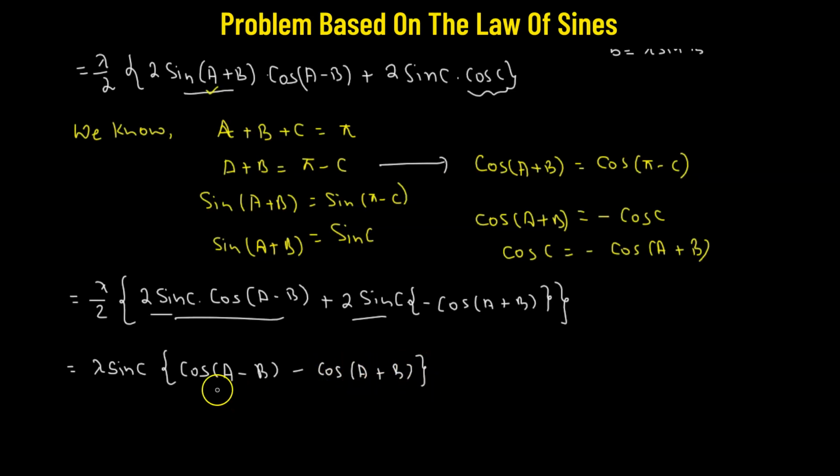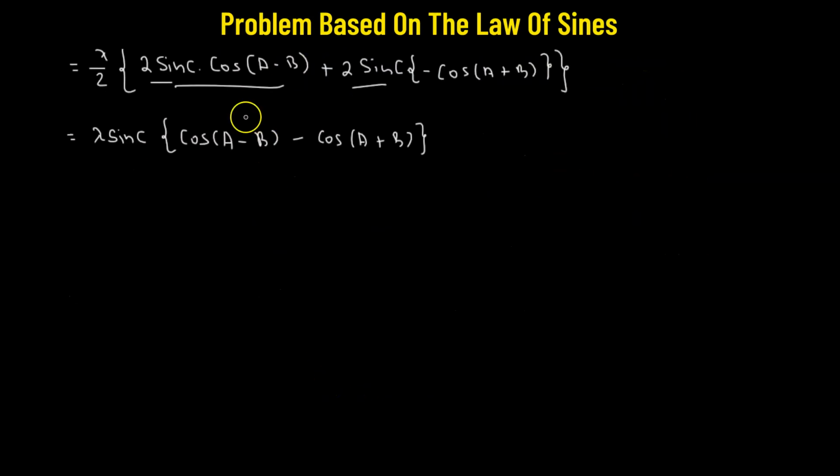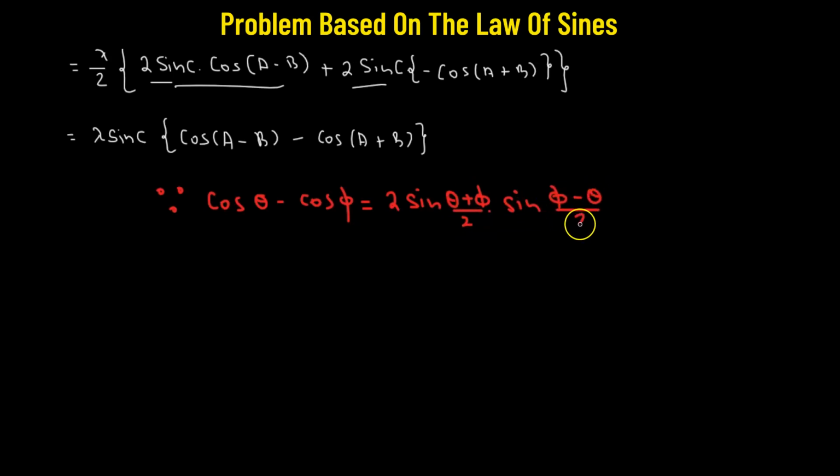Now what we'll have to do is combine these two, cosine of a minus b minus cosine of a plus b. So here we're going to use the fact that whenever we have cosine of theta minus cosine of phi, that is equal to 2 times sine of theta plus phi divided by 2 multiplied by sine of phi minus theta over 2.